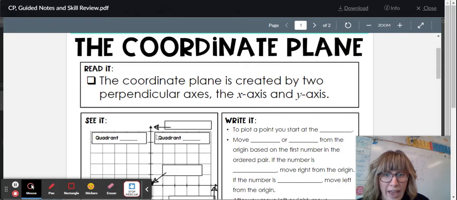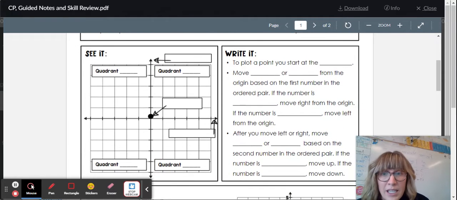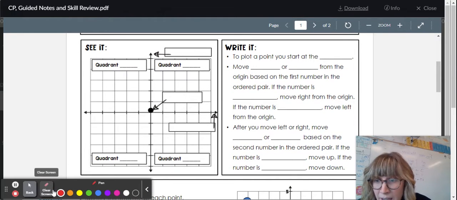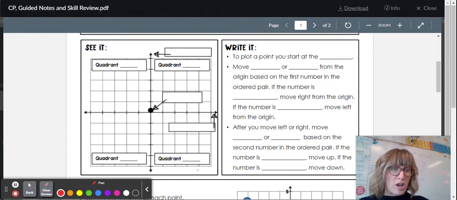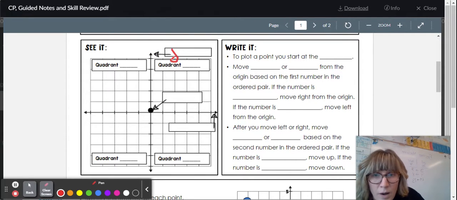What you see here is a coordinate plane with some different information on it. There are different components that come together once this coordinate plane exists. This right here going up and down, as we know, is the y-axis.